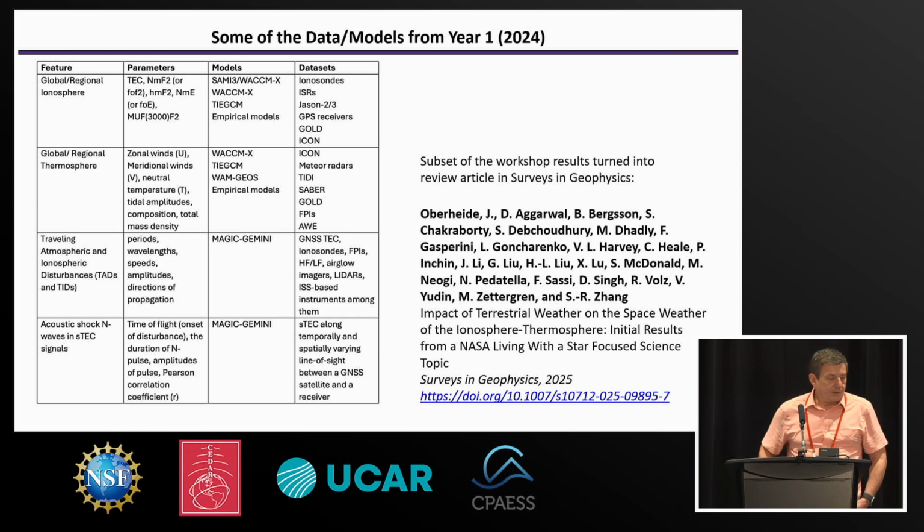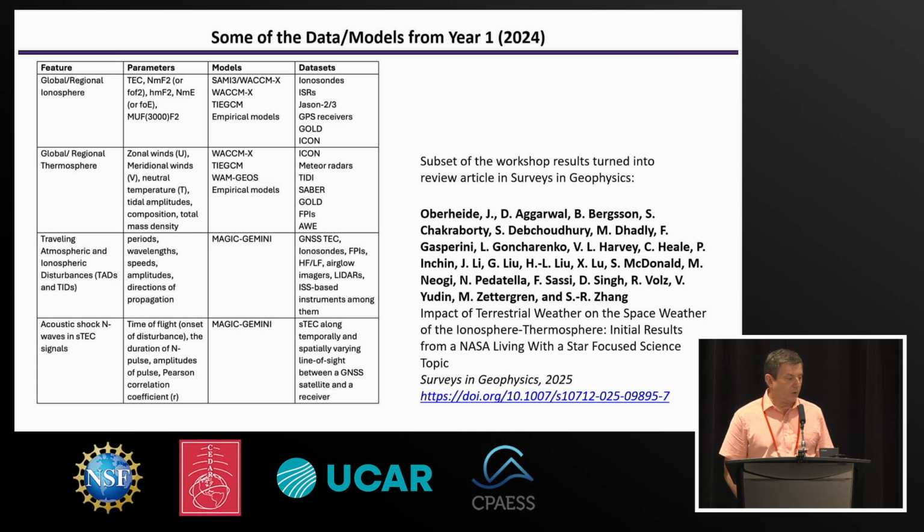So these are some of the data and models we discussed in year one, back in 24. This is not a complete list, and I'm not going to read all these wordy tables there, but we basically managed to publish at least a subset of the model and observational results in a Surveys of Geophysics article, and you see the citation here.